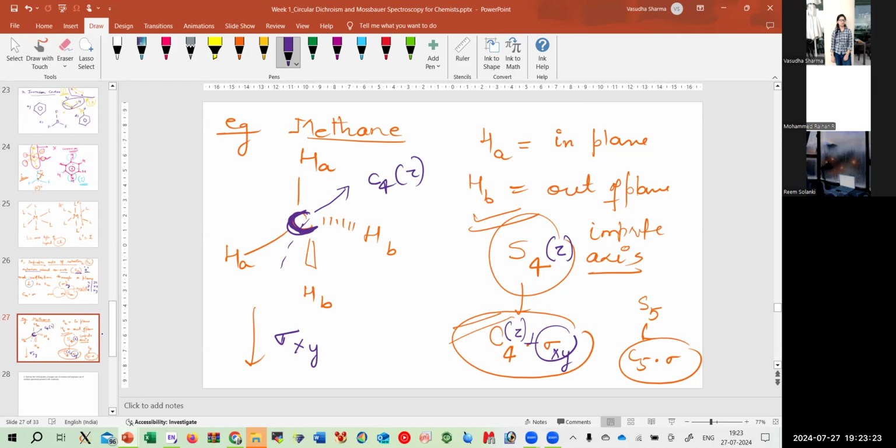When I'm taking a sigma XY, it would be a plane having both the hydrogens onto that particular plane. That is why I said the two hydrogens which are onto the plane are defined as HA, and the other two are out of the plane, right? So HBs would be out of the plane. So what do you expect? What would it become?